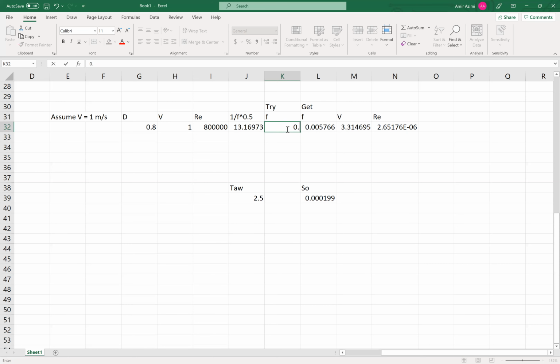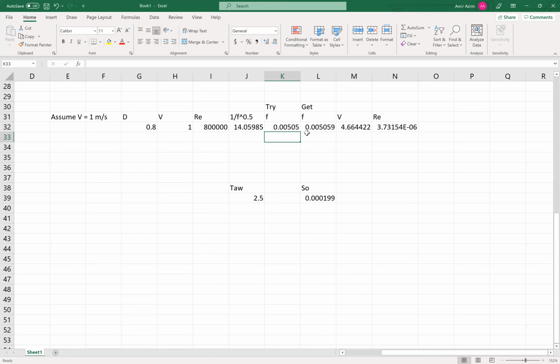So I try that, 0.0057, and I get a new value, 0.0051, then 0.00517, then 0.005, very close, 0.00504, then 0.00505.